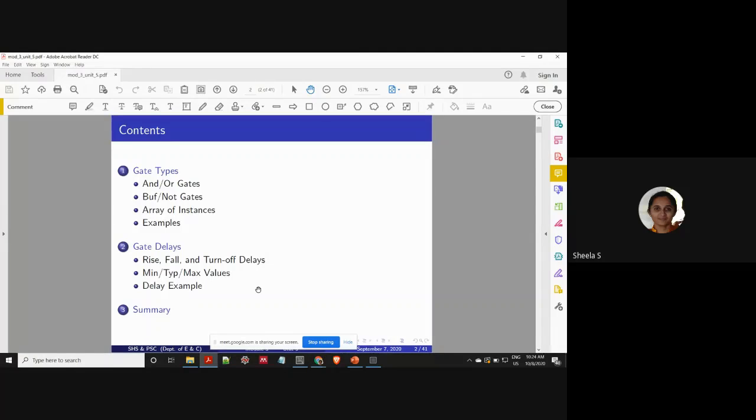When I download the entire code to implement the hardware, the hardware will have its own delay, isn't it? So I need to get the output at an expected time. If I do not get the output at the expected time, then my data will not be processed properly inside the device.